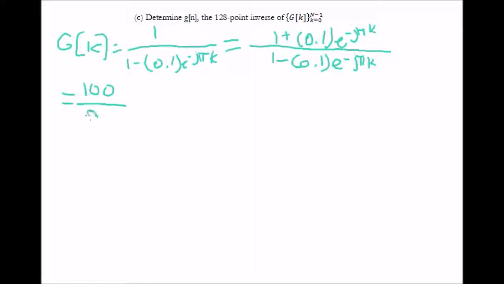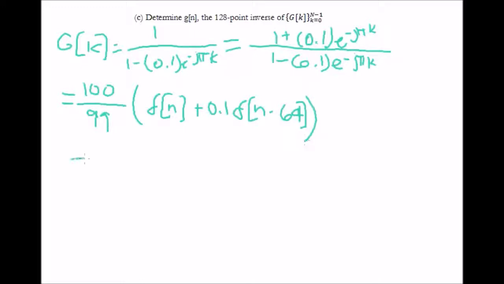We are then asked to determine g of n, which is the inverse DFT of g of k. To do that, you would multiply your numerator and your denominator by your complex conjugate of your denominator, which would give you 1 plus 0.1 times e to the negative jk all over 1 minus 0.1 times e to the negative j2 pi k.